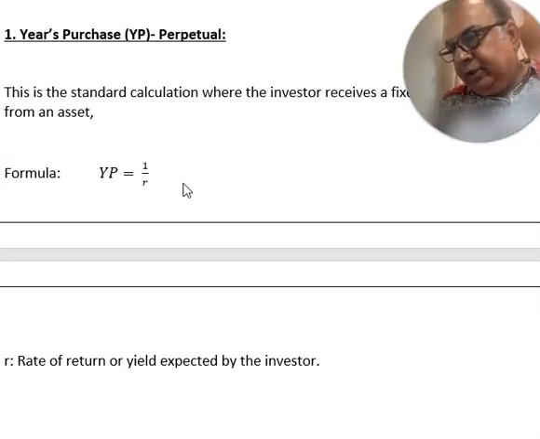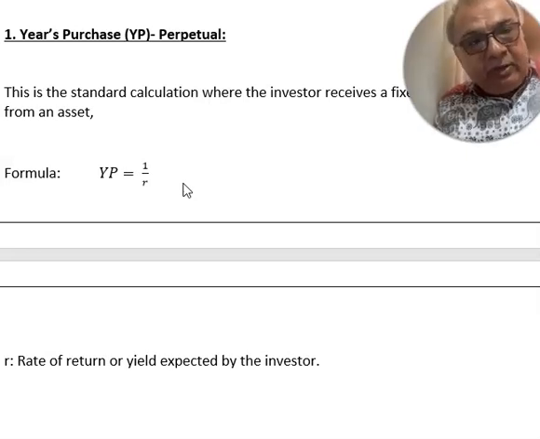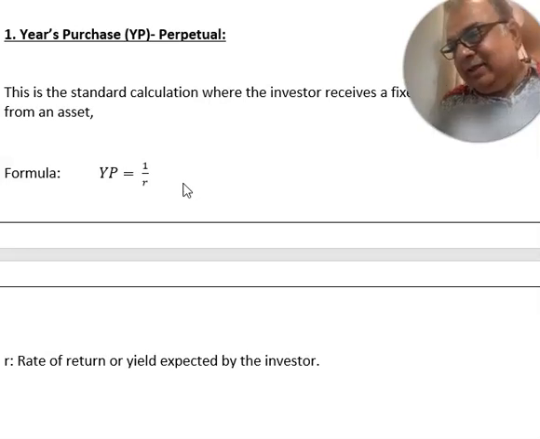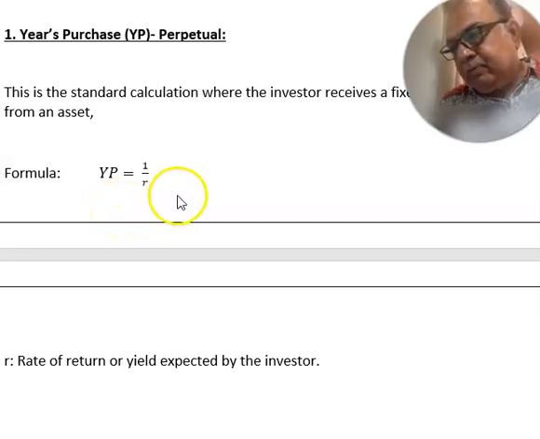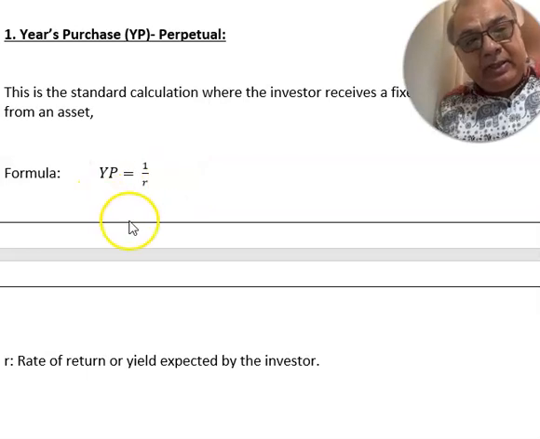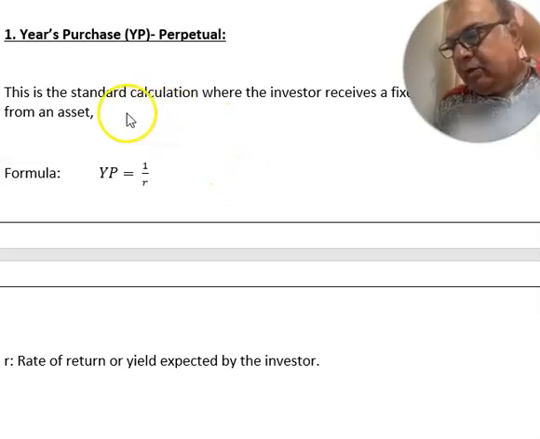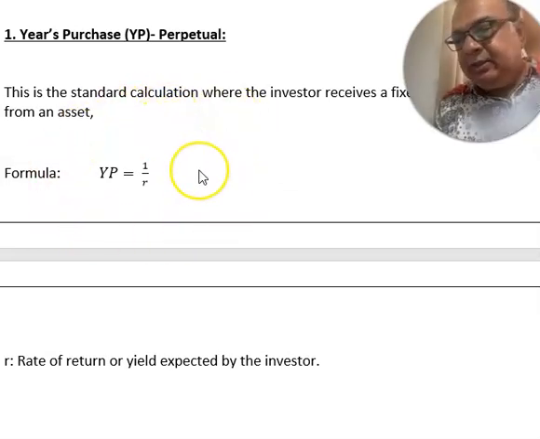However, when we are using the single year purchase formula for more than 60 years, then single year purchase is negligible, or equal to 1 upon R. So in future, in the income approach, if the balance period is more than 60 years, we will calculate directly with this formula.